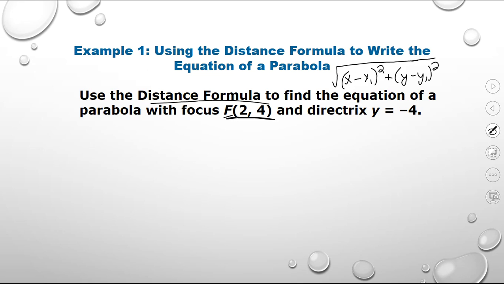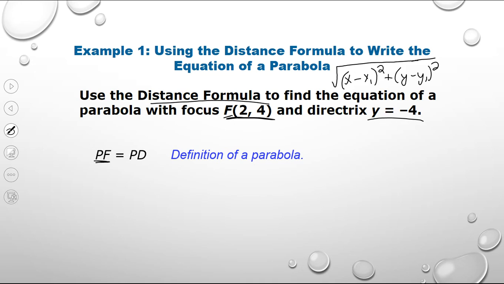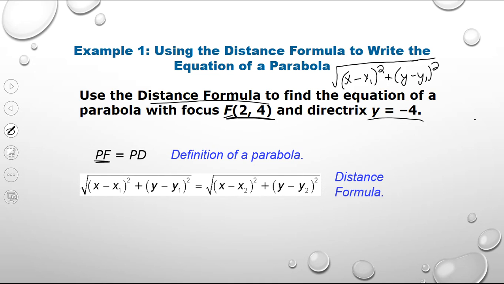I'm guessing the F stands for the focus point. And our directrix is at y equals negative 4. We're going to be able to use that and set basically these two distances equal to each other. So PF and PD means the distance from the focus is going to be equal to the distance from the directrix. Okay? So our distance formula, this is how we'll set up our problems.